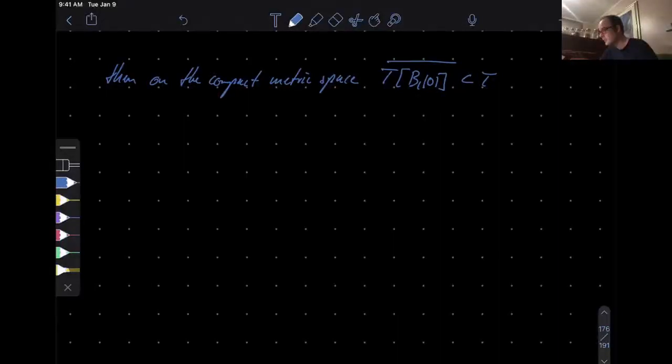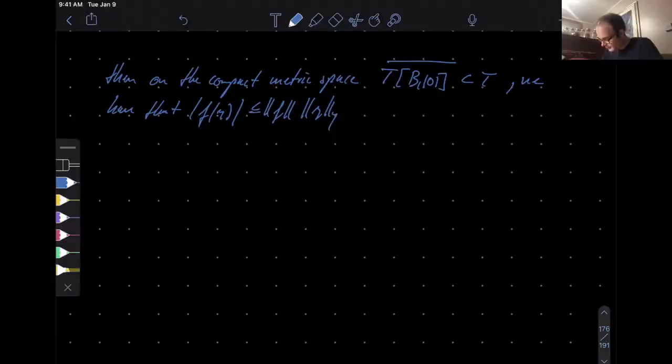Complete, actually, right? So then on the compact metric space like this, we have, okay, a trivial estimate. So |f(y)| is at most the operator norm of f times the norm of y. And so if f is from my family up there, then this is less than or equal to the norm of y for all y anywhere in the Y space, so in particular in this set.